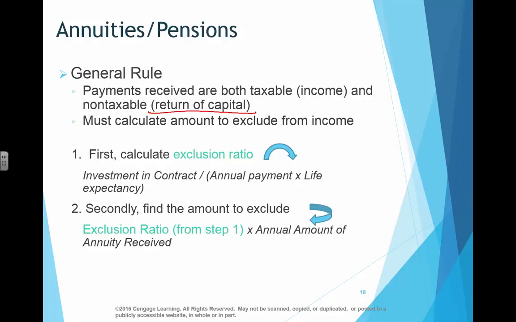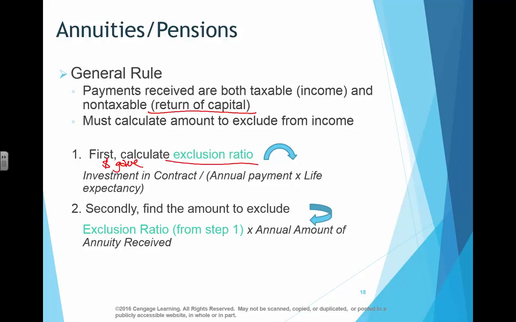So you have to calculate the amount to exclude from income. And that's based on something called an exclusion ratio. And the way you calculate that, and this is pretty straightforward: investment in contract, in other words, how much money did I give her? How much money did I pay in, the investment in my annuity contract?